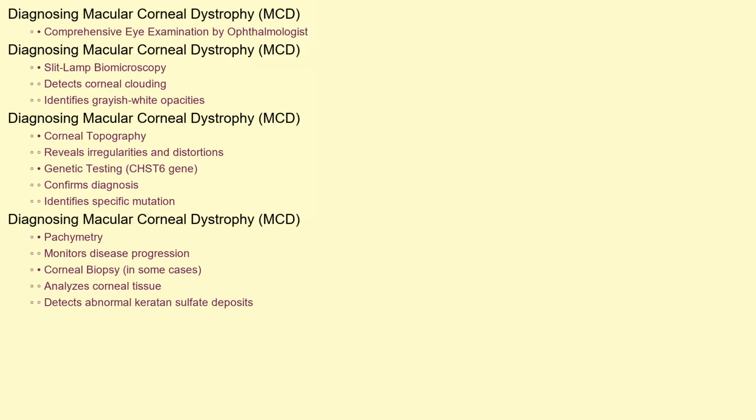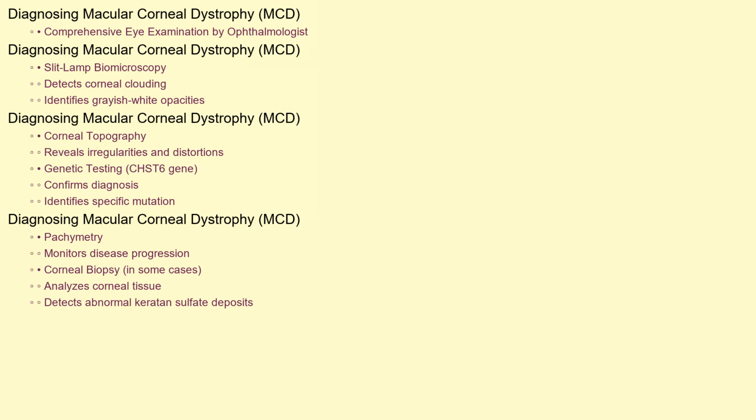Diagnosis of macular corneal dystrophy typically involves a comprehensive eye examination by an ophthalmologist. Slit lamp biomicroscopy, a specialized technique that uses a high-intensity light source to examine the cornea in detail, is crucial for identifying the characteristic diffuse corneal clouding and the presence of grayish-white opacities throughout the corneal layers. Corneal topography, which maps the surface curvature of the cornea, can reveal irregularities and distortions.